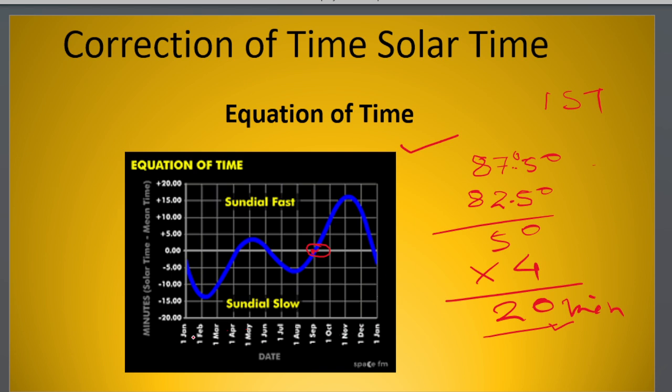But if you check the solar time in February or March, it is almost 15 minutes slow. In May, it is about 5 minutes fast. In that way, you can correct your solar time and match it to your local time, that is, the standard time.